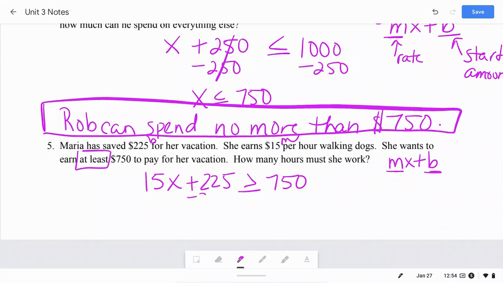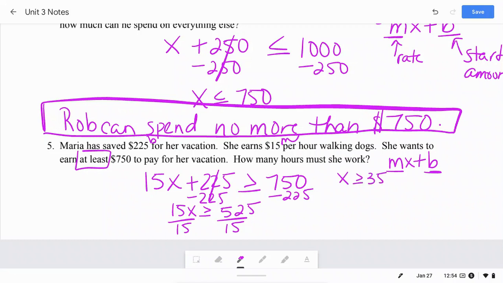So to solve this, I'm going to start by subtracting 225. And I get 15x is greater than or equal to 525, and then divide by 15 last. So I get x is greater than or equal to 35.